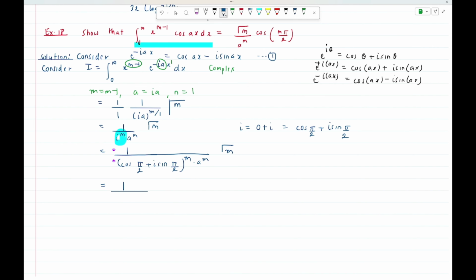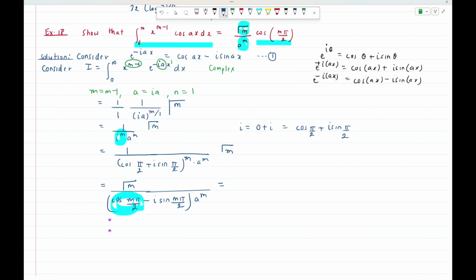By de Moivre's theorem, this is going to be cos of m pi by 2 minus i times sine of m pi by 2 into a raised to m, and we can write down gamma m in the numerator. Now you can see slowly we are approaching. So we have got gamma m in the numerator, we have got a raised to m in the denominator. Now we also wish to move the cos of m pi by 2 in the numerator, which here is in the denominator.